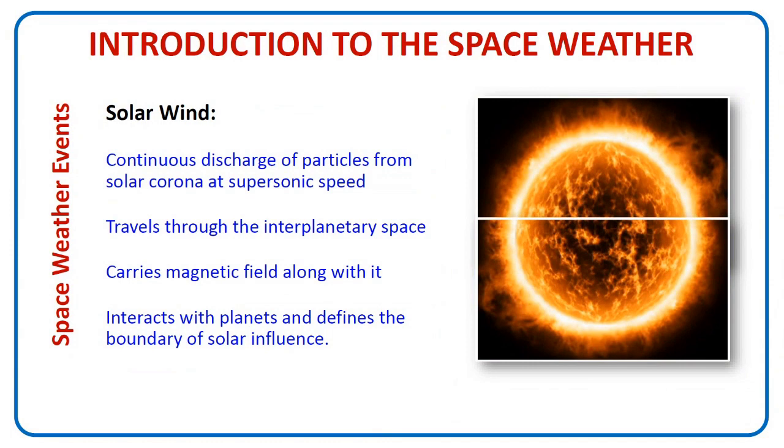Over the period of 11 years, when the activity is low, the coronal holes are prevalent. Near the equator of the sun, we see very dense plasma of the corona. As activity increases, the dense part of the corona extends towards the poles, so the coronal holes get reduced.